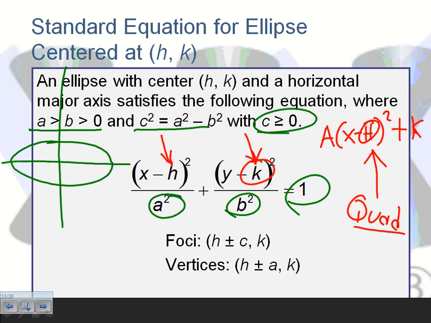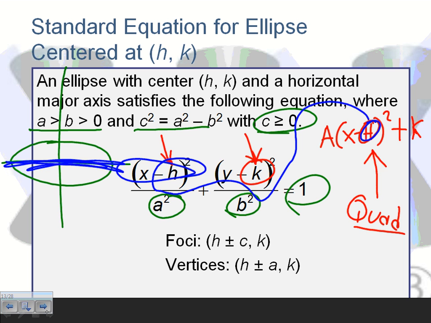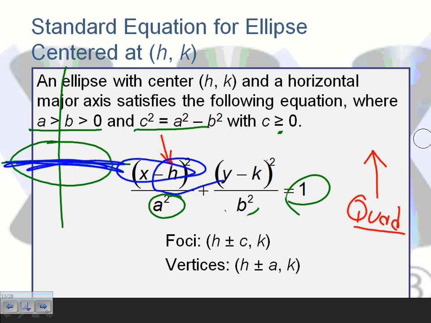H again is going to shift in the horizontal direction because it is down here attached to the x value, which means we're dealing with the x-axis, or the horizontal direction, of this ellipse. So none of this should be too confusing or too new to you, because we are talking about values that we have seen before.